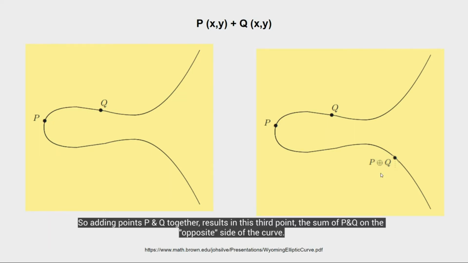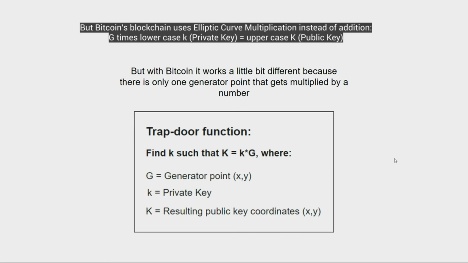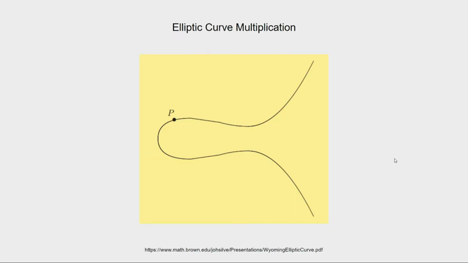In essence, adding points P plus Q together results in a third point, the sum of P and Q. Again, Bitcoin's blockchain uses elliptic curve multiplication instead of addition. Remember, generator point G times the private key results in the public key. So it's generator point G times the private key, not added.